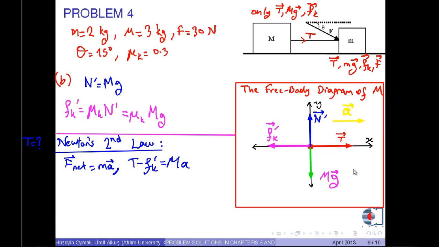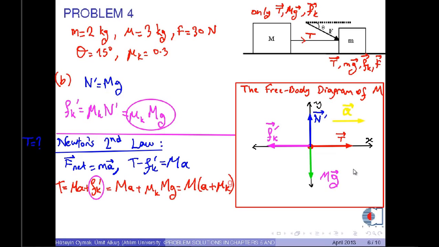First, we find an expression for T as T equals capital M times a plus f k prime, or substituting f k prime, which is mu k times capital M times g, we obtain capital M times a plus mu k times g.